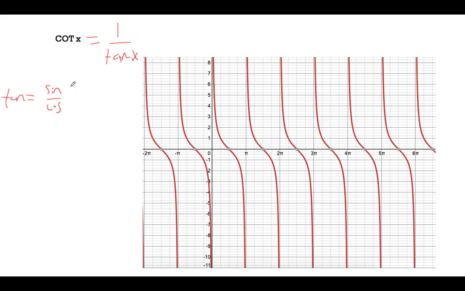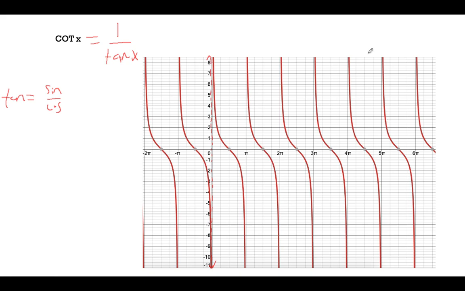Okay? And so tangent was 0 when sine was 0. And that would be, well, it starts at 0. So there, we have an asymptote there. Okay, and then at pi again, 2 pi, 3 pi, so increments of pi was when tangent was 0.